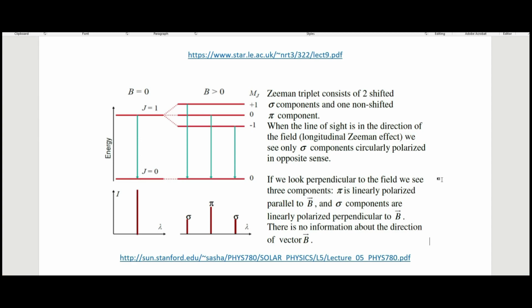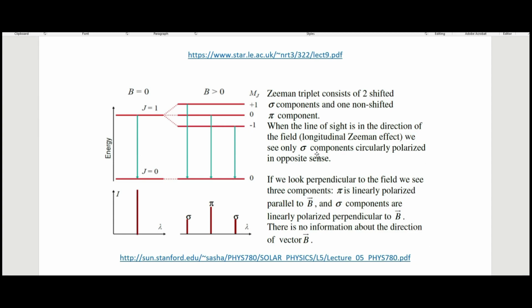And so there's this idea when you're looking at this of the longitudinal Zeeman effect and the transverse Zeeman effect, and that is based on the way that you're looking at it, whether you're looking down the magnetic field lines or across the magnetic field lines.